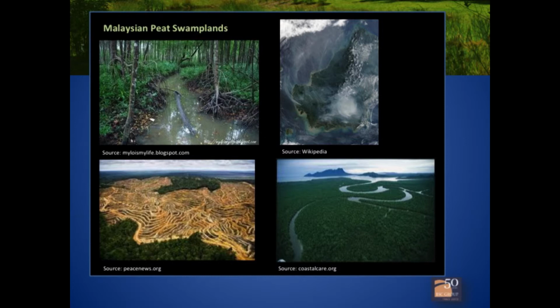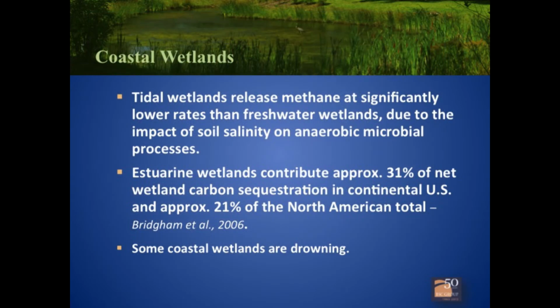Peatland degradation causes an average of 2 to 3 billion tons of carbon emissions per year, most of that in Southeast Asia. And in the Everglades, soil subsidence is observed at 2 centimeters per year, which is associated with a carbon loss of 2,400 grams of carbon per square meter, so large losses. And as we mentioned, coastal wetlands release methane at lower rates.